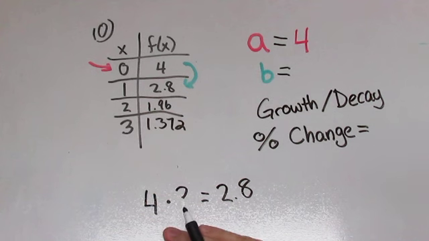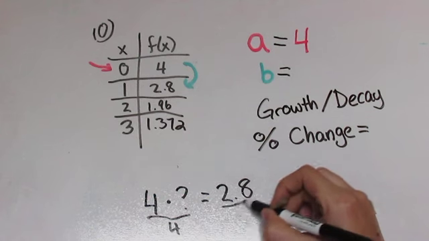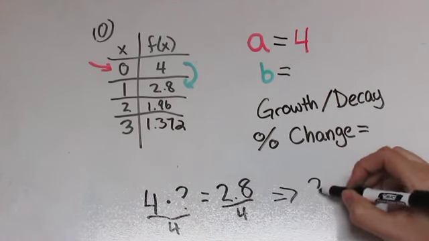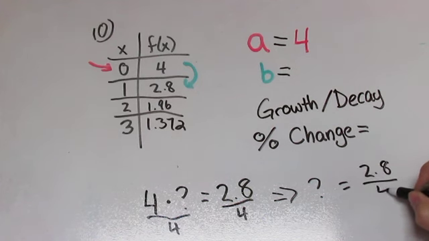Now, if we have an equation like this, we know how to solve for the unknown. What we can do is divide both sides by 4, which means that my unknown is equal to 2.8 divided by 4. I put this into a calculator, and I find that it is equal to 0.7.